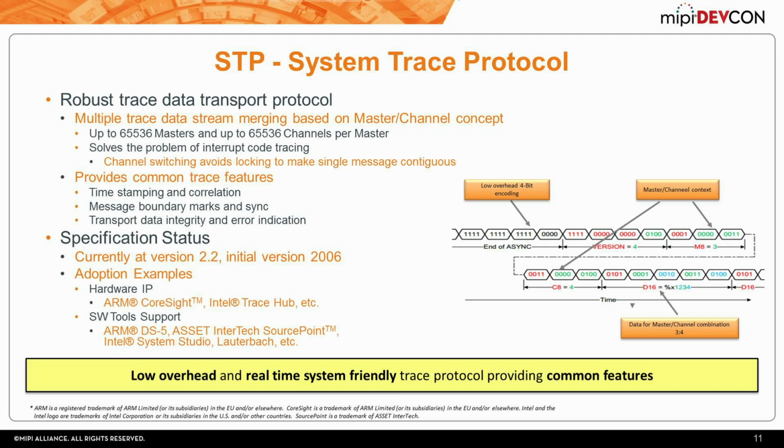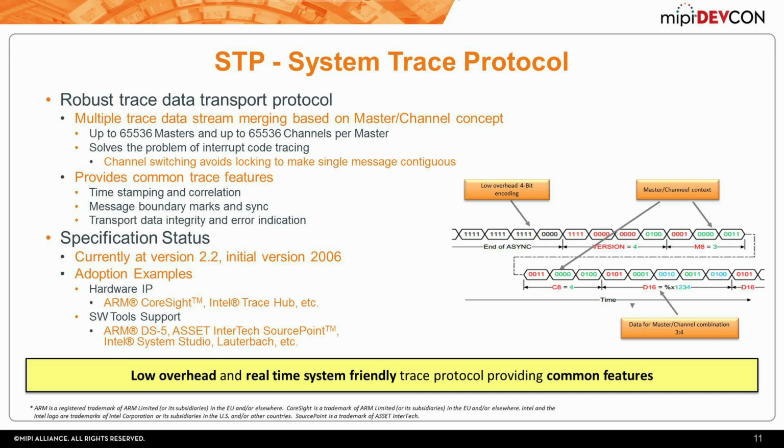Moving on to the middle layer for transporting the data, STP is an excellent merge and trace protocol that fulfills two purposes. First of all, it allows you to merge almost endless independent message channels together.